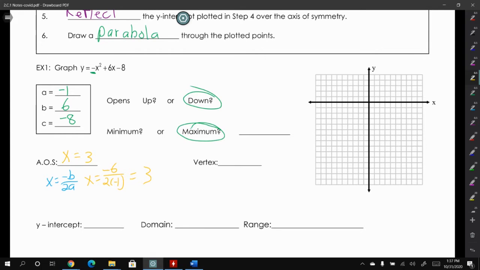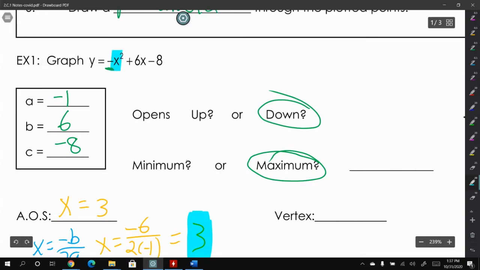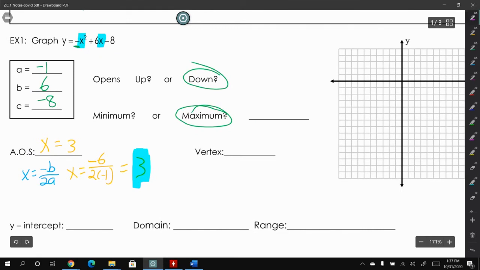Now to figure out the vertex, we're going to take 3, and we have to plug that in for each x in our original function. So we have negative 3 squared plus 6 times 3 minus 8. Now notice that the negative is outside of the parentheses that I wrote, and that's because I do not want to make the mistake of doing -3 times -3 or -3 in parentheses squared.